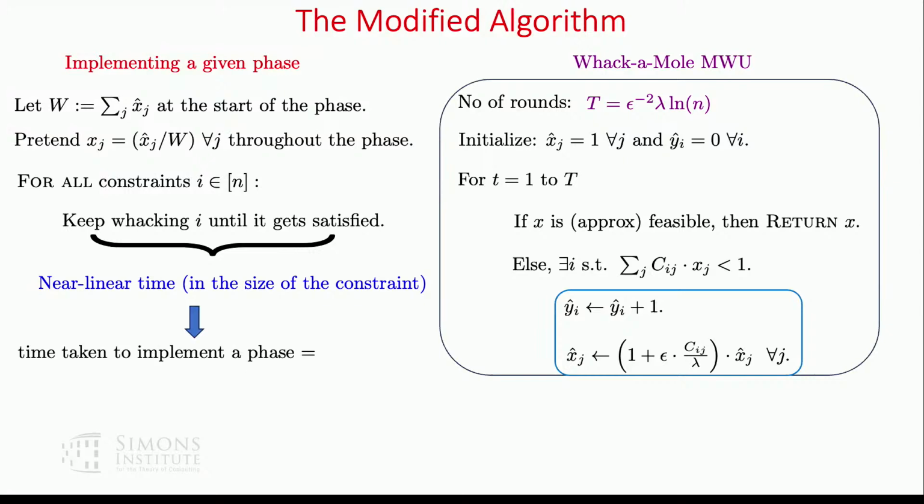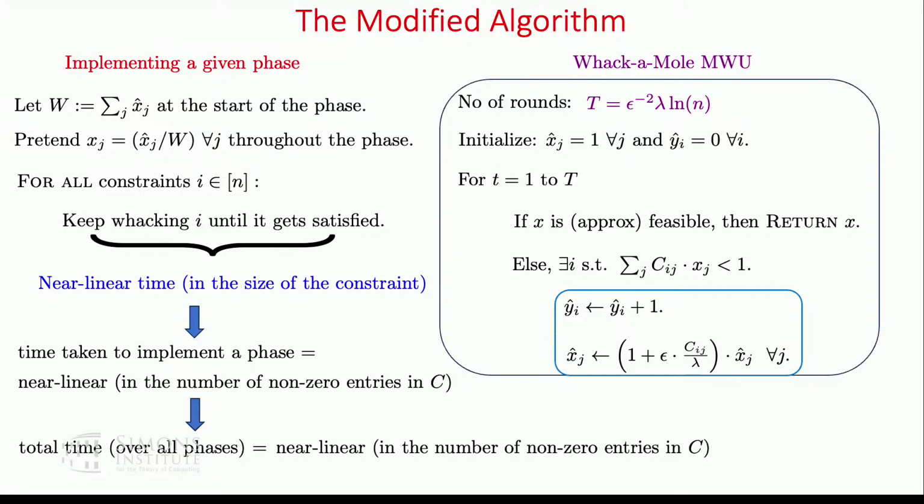So the time taken to implement a phase is just near linear in the number of non-zero entries in the entire constraint matrix. And there are only log n many phases, so the total time over all phases is also near linear. So this is how you implement it in near linear time.